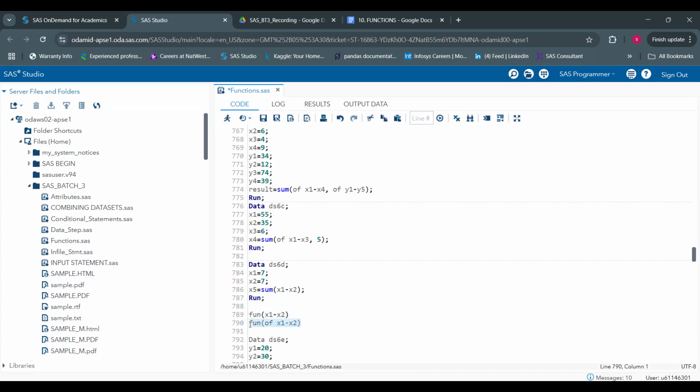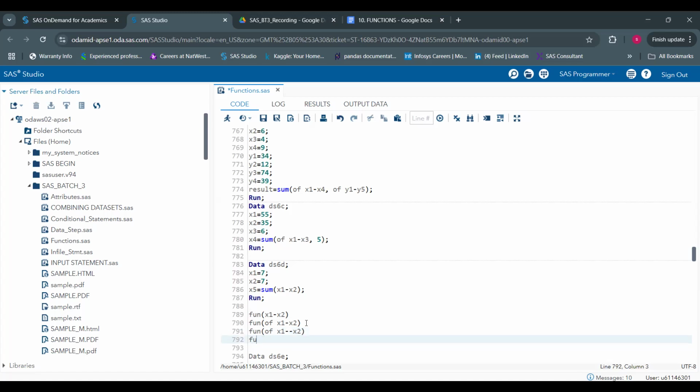This is called a range of values, or values from x1 to x2. It will give you whatever the values are between x1 to x2. Whatever values got generated between x1 to x2, we'll get all the values.